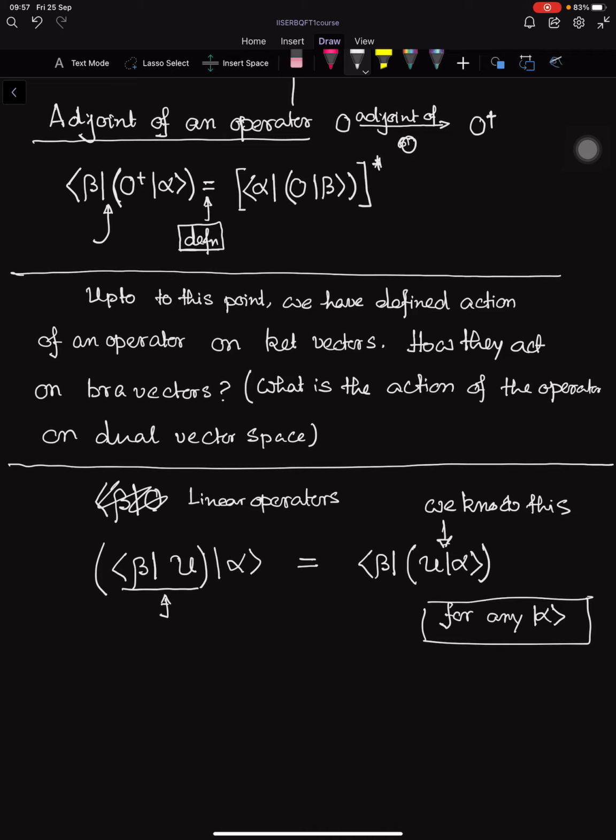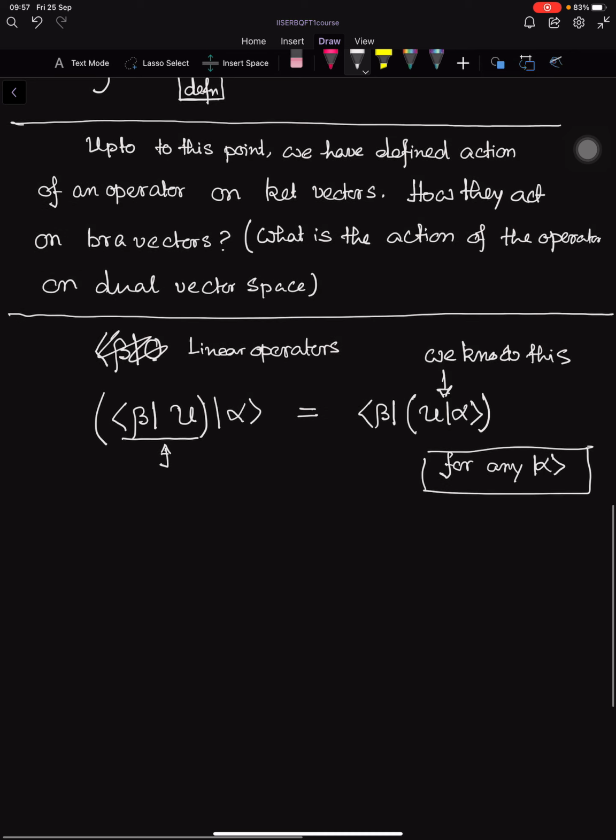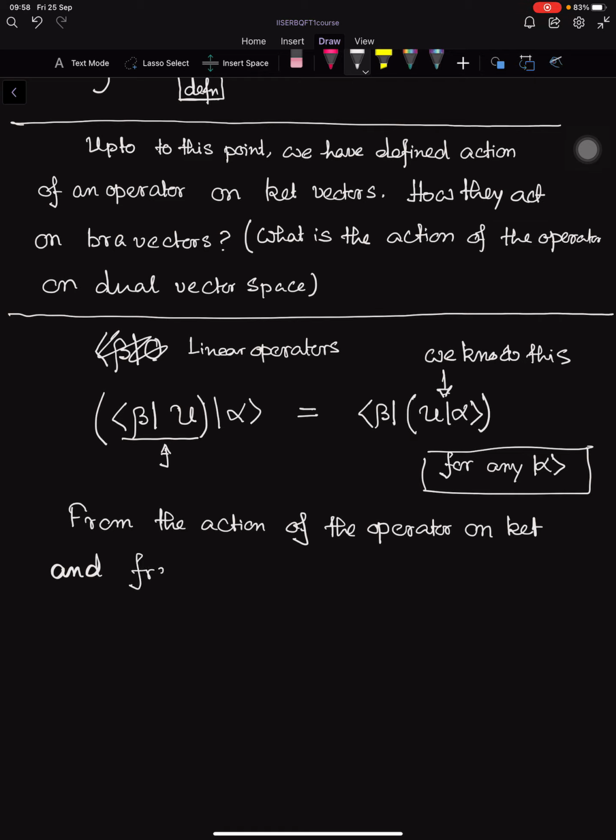And then from the action of the operator on kets and from the definition of the inner product, we can define the action on bra vectors.